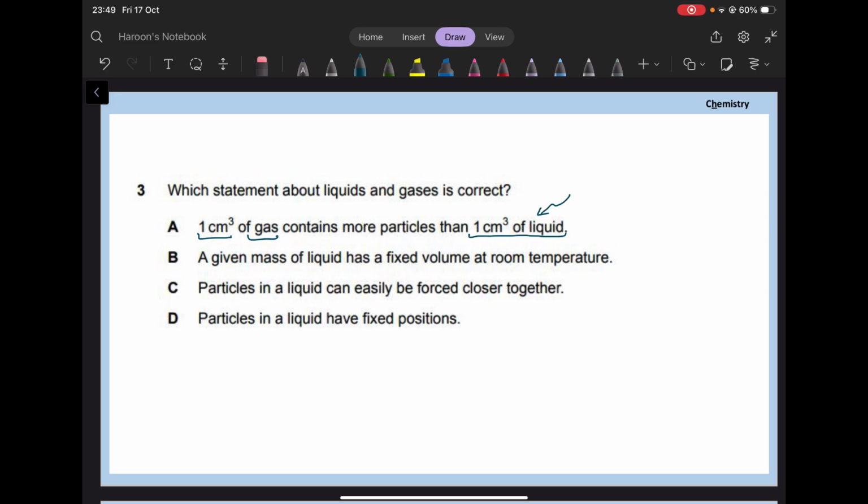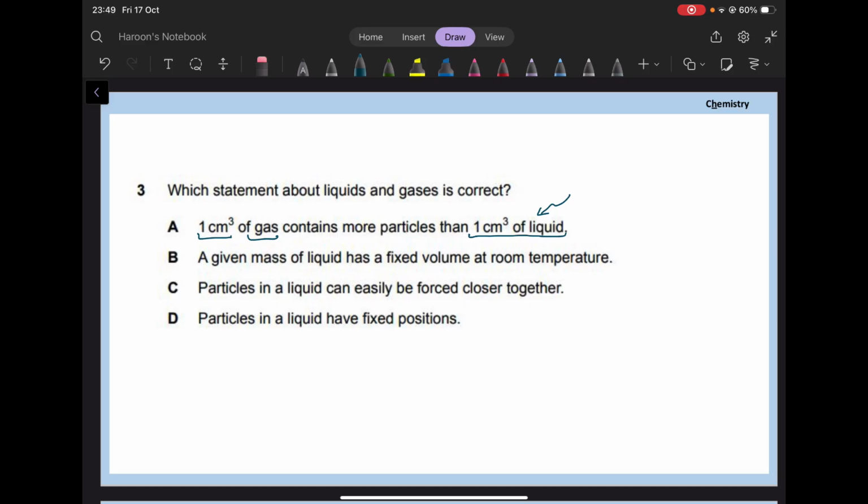If you take the same volume of a gas, liquid, and solid, because the particles are closest together in a solid, there would be the greatest number of particles in a solid, and in a gas the particles are furthest apart, so there would be the least number of particles. For the liquid it would be somewhere in between gas and solids.